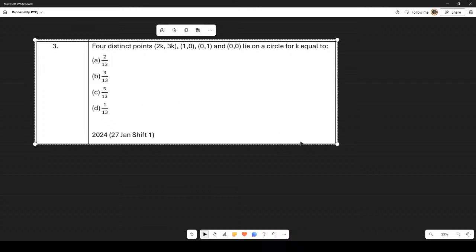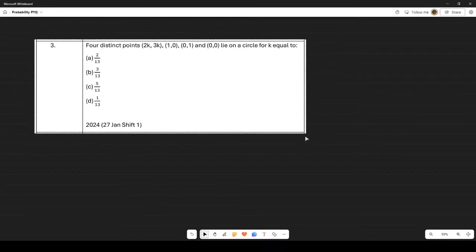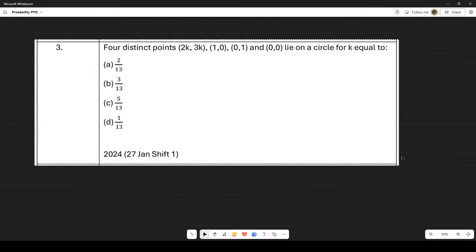4 distinct points lie on a circle for k equal to what? It's the easiest one. 4 distinct points lie on a circle. It means they are concyclic points.